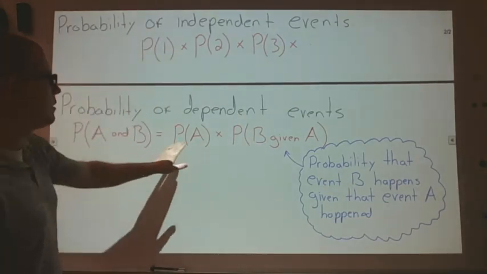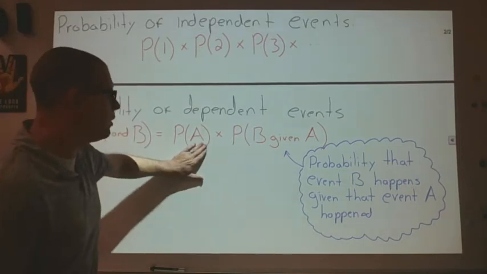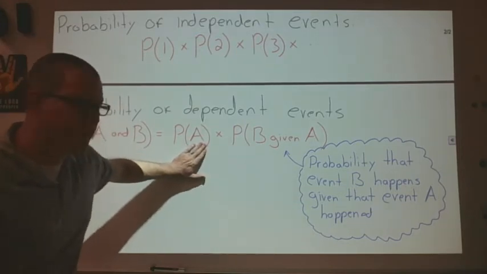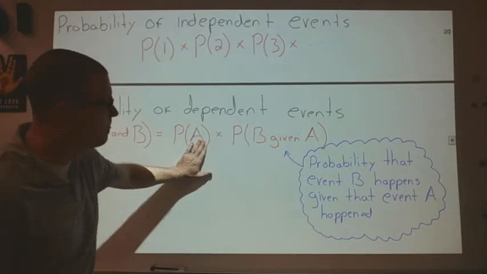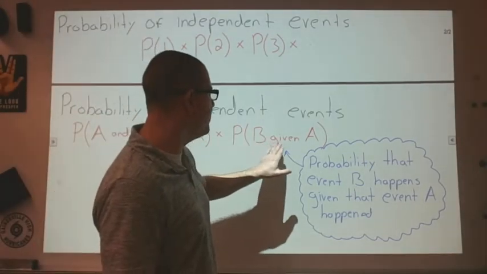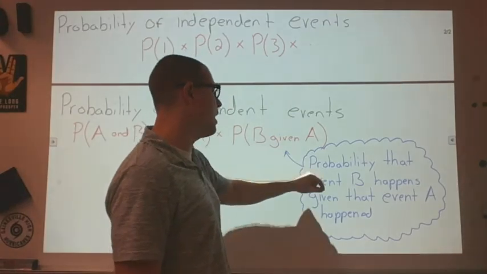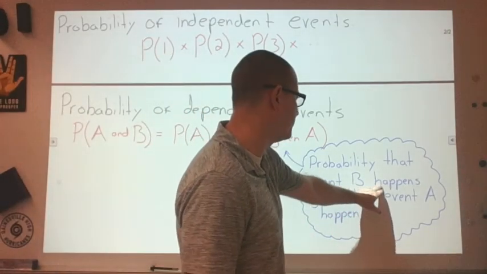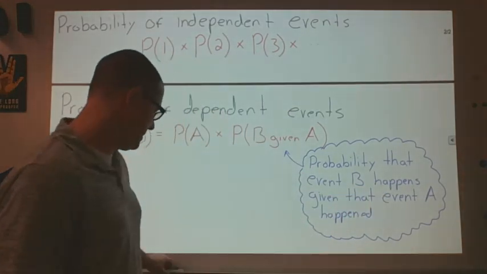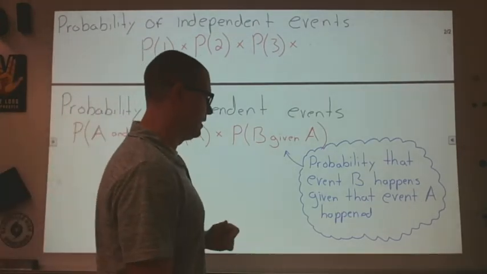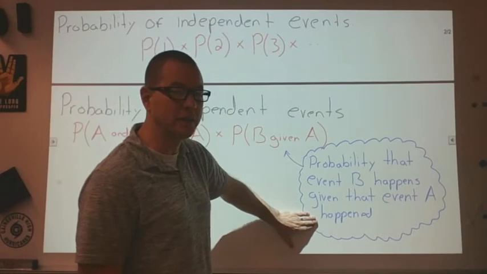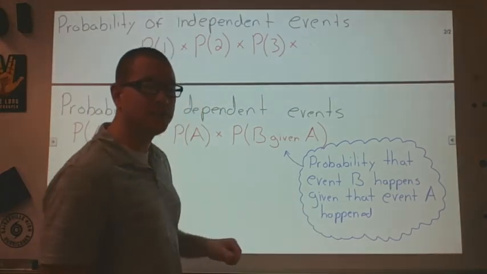The probability of A is just the likelihood that the first event described happens. And the probability of B given A is the probability that event B happens given that event A has occurred.